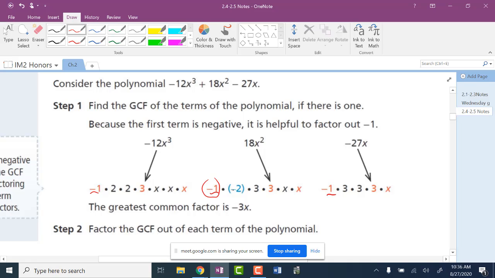I kind of don't like what they do with this 2. They turn that into a negative. Really, what I'd like you to think is, if I'm going to factor out a negative 1, that leaves another negative 1 left in here because a negative times a negative equals a positive. Because what if you misidentify that this 2 and this 2 are common factors, and then there's another 2 over here? You might confuse yourself. So it's a weird way of breaking it down.